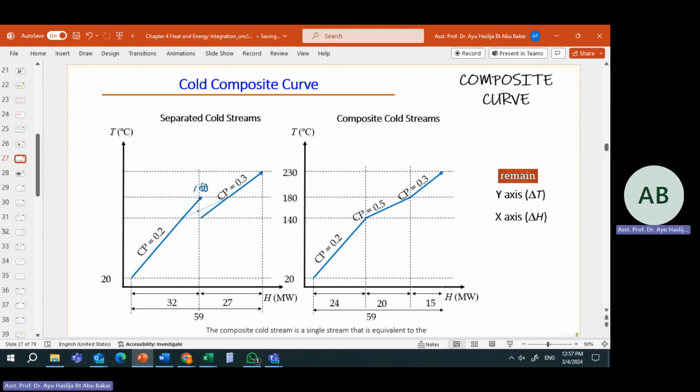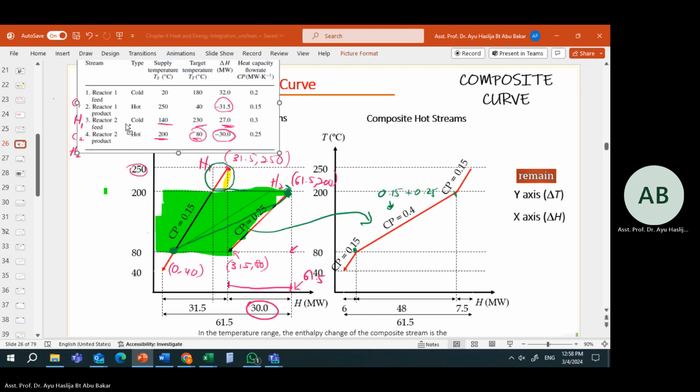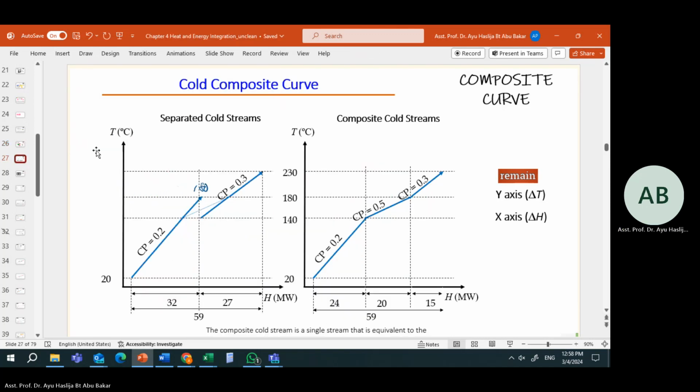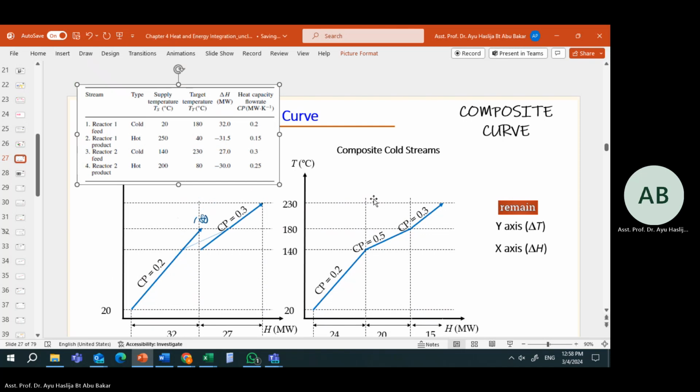How about the x-axis? 32. How do you know it is 32?